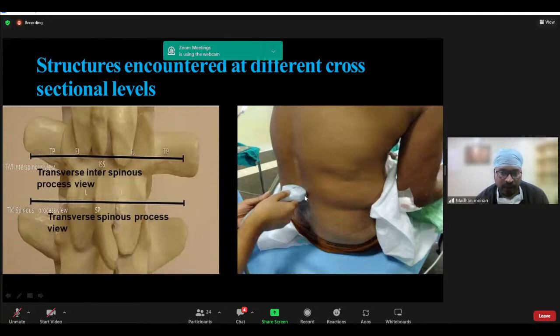Either our echoes may hit the spinous process, or they may hit the interspinous space. So we have two views on the transverse side. The first one is the transverse spinous process view. The other one is the transverse interspinous process view. Once we see the sonography picture, I'll let you know the advantage of these two pictures.